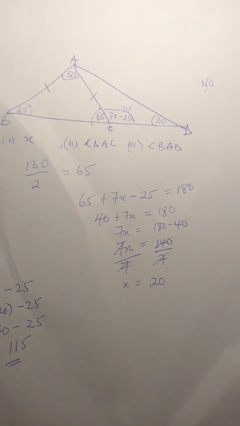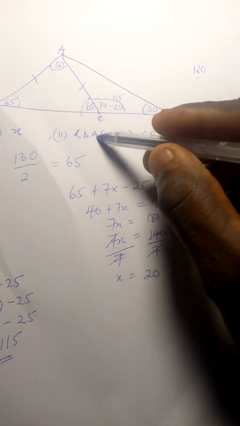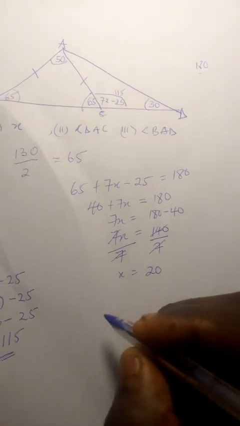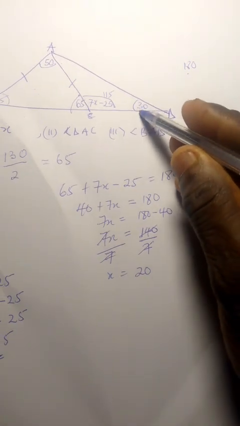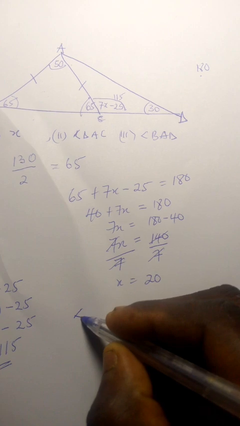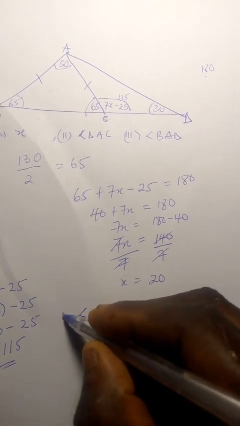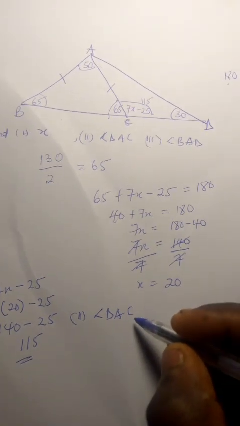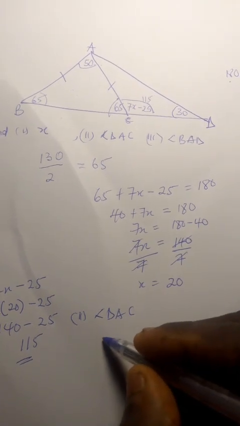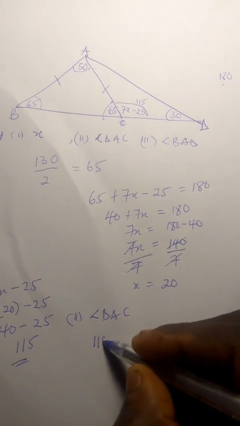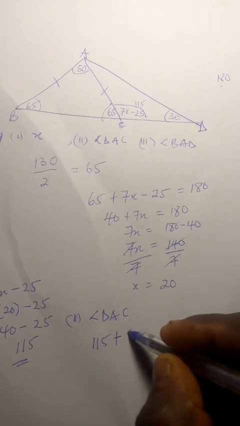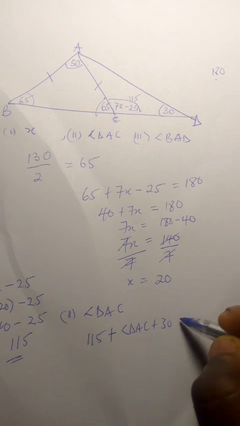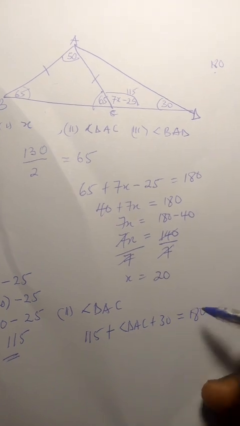So now we can get the angle DAC. DAC, the top angle there. So since this side is 30, then it means for angle DAC, you are supposed to get 115 plus the angle DAC plus the 30 to give you 180 degrees.